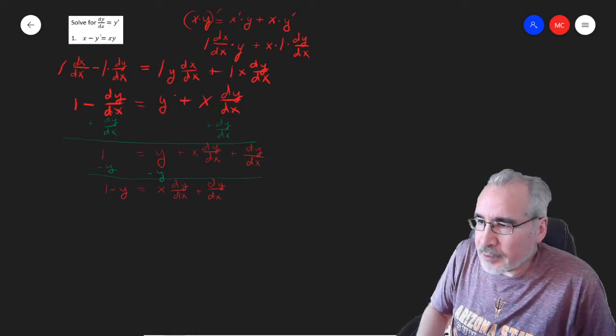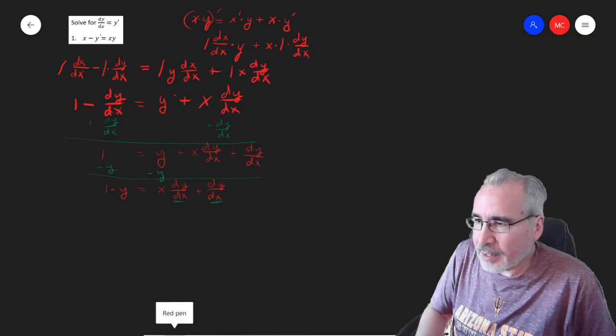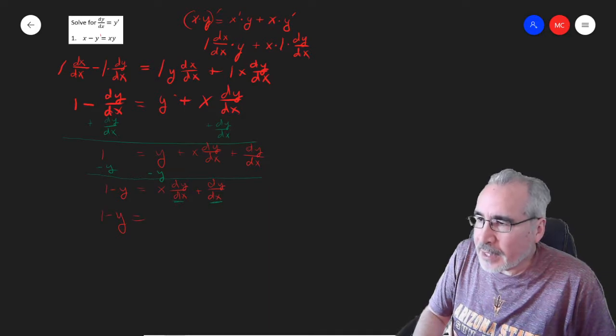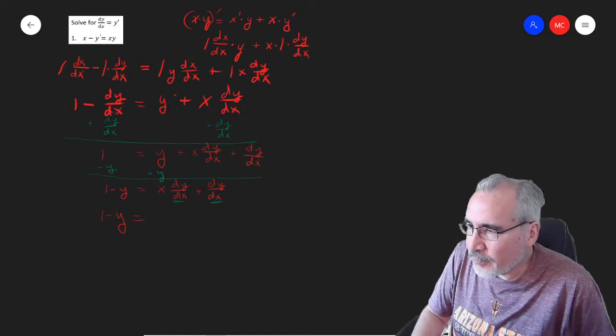Now what we're going to do is factor out the dy dx on the right hand side. Okay, so what doesn't change is 1 minus y, that's there. When we factor out the dy dx, let's go ahead and put it on the back side. These two are both factoring out here.